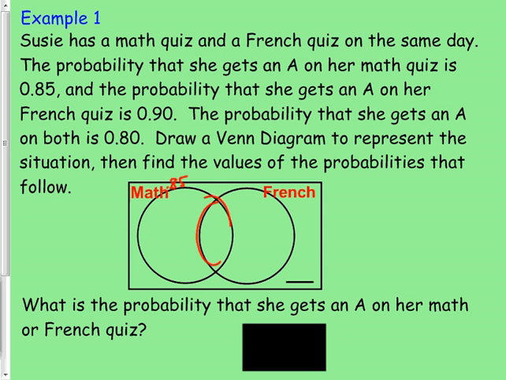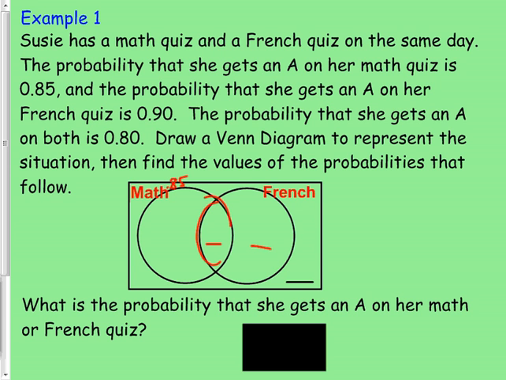So you can't just put it in the chart. You can put it next to math, though. The probability she gets an A on her French quiz is 0.9. 90% chance of French quiz. So that means, again, this plus this together make 90%. Okay. The probability she gets an A on both is 0.8.